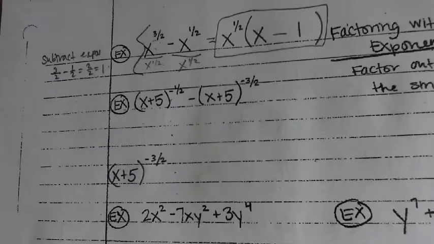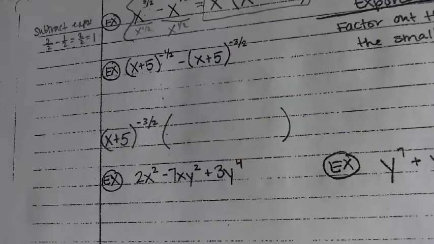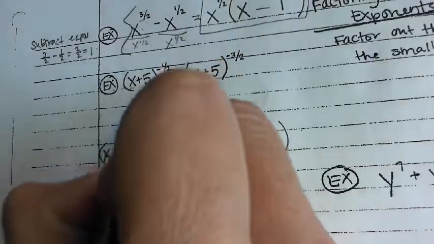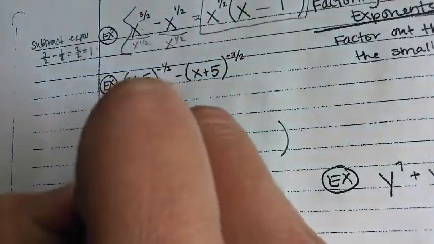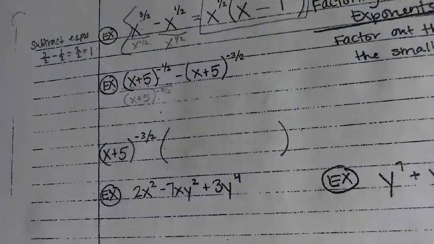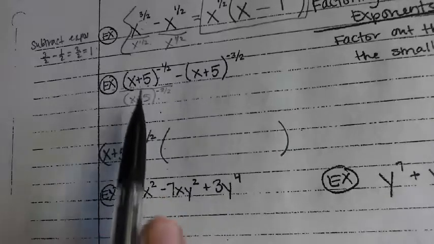So I'm going to factor that out, and then I'm going to have to leave space for what is left of each term once I divide that out. This is something I absolutely think you should get in front of you concretely on paper. So when I have this term, and I'm going to divide out my GCF of x plus 5 to the negative 3 halves, again, I'm dividing common bases.